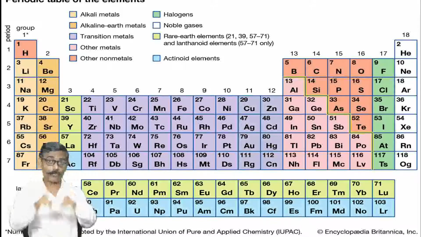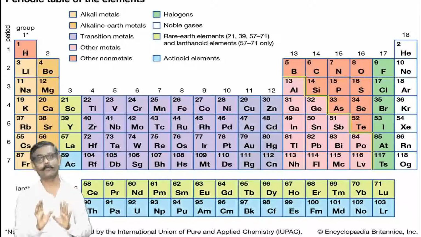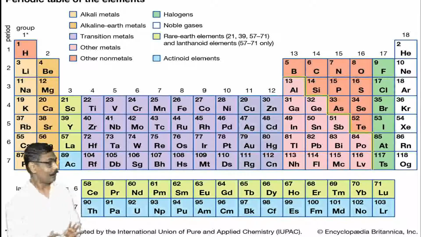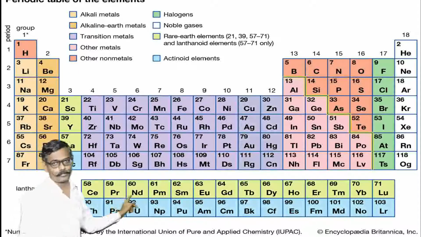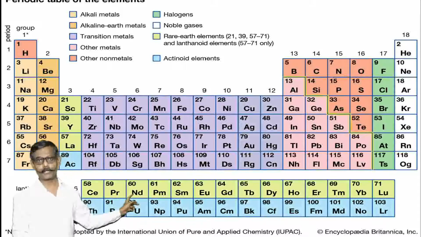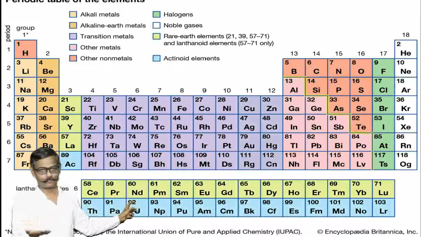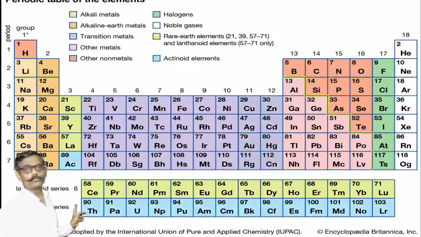So only from an aesthetic point of view, those remaining 14 elements are kept at the bottom of the periodic table, called lanthanoids. The second row is called actinoids.